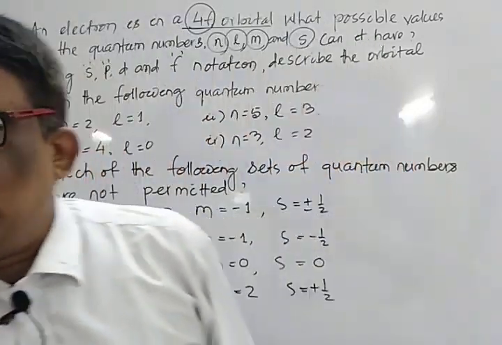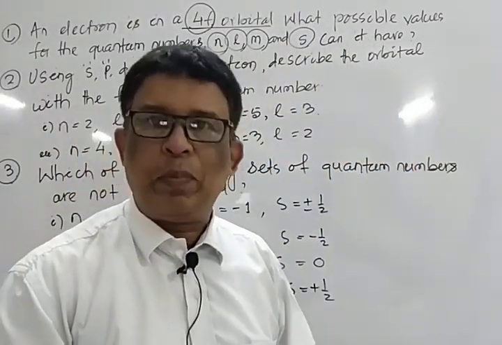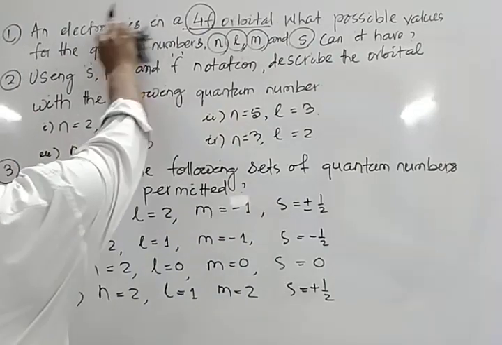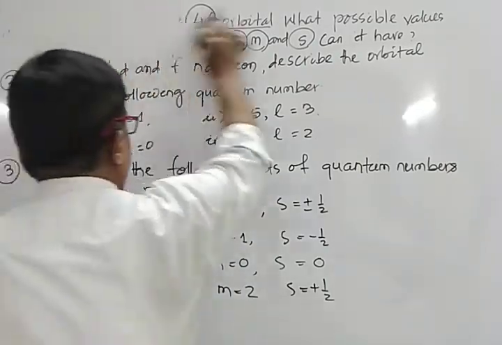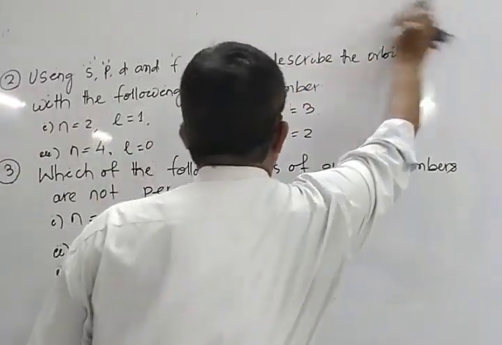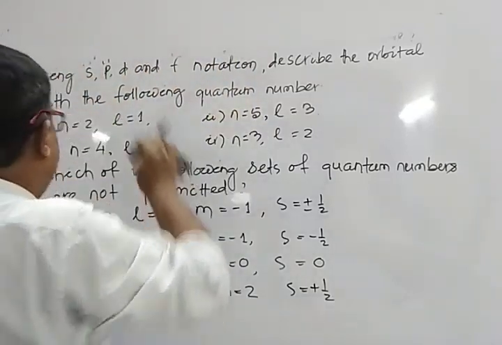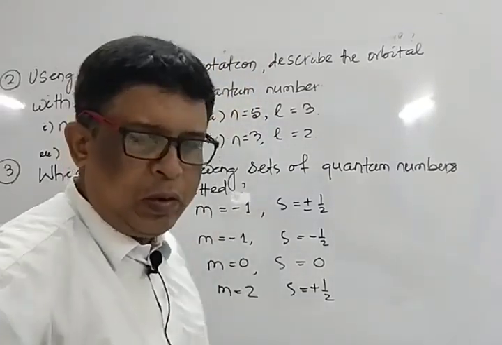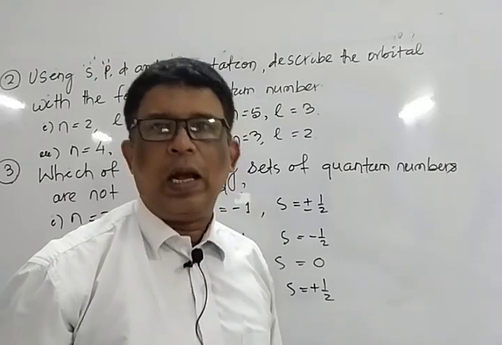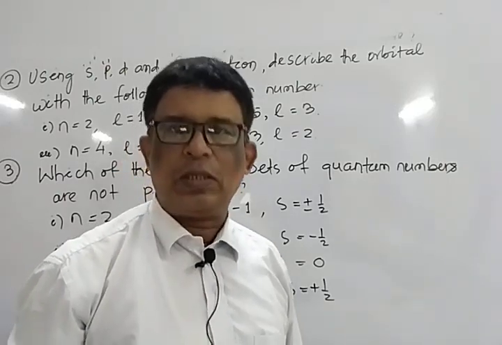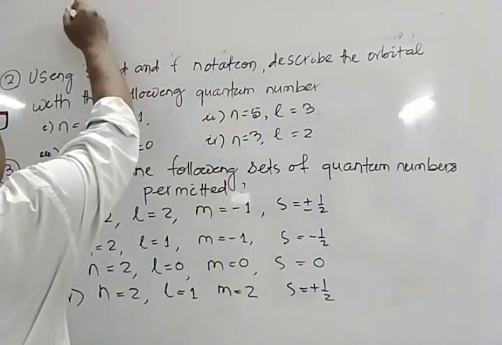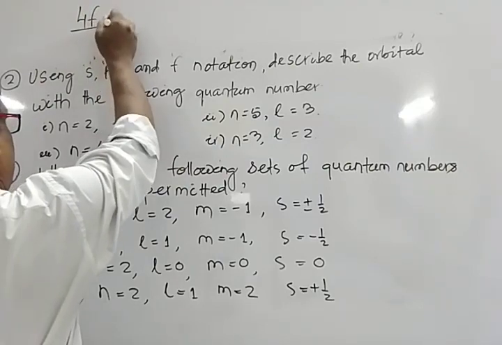If an electron is present in 4f orbital, then what are the possible values of the principal, azimuthal, magnetic and spin quantum numbers? Let us discuss one by one. Electron present in 4f.